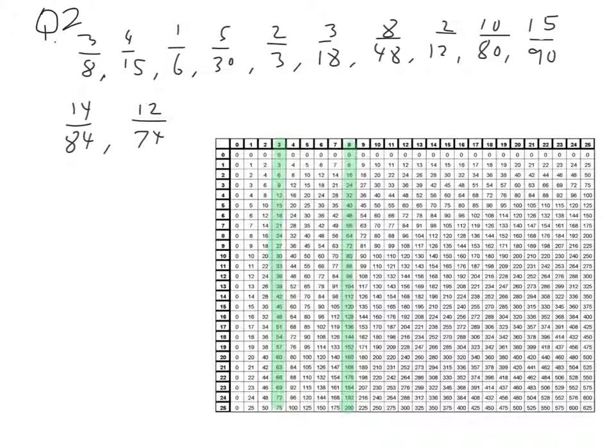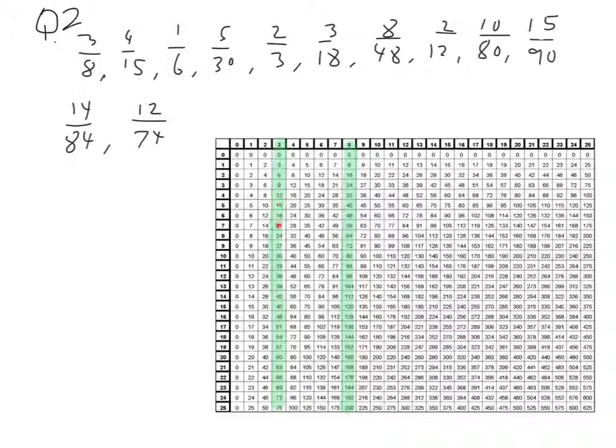So for the first one, we can see that 3 times 1 is 3 and 8 times 1 is 8. So that's the first one there. Now 3 times 2 is 6 and 8 times 2 is 16. Do we see a 6 over 16 in this list? No, we don't.